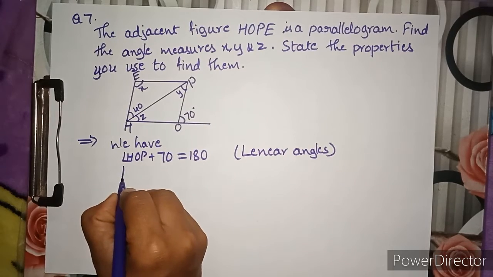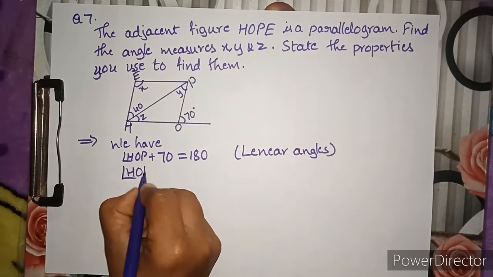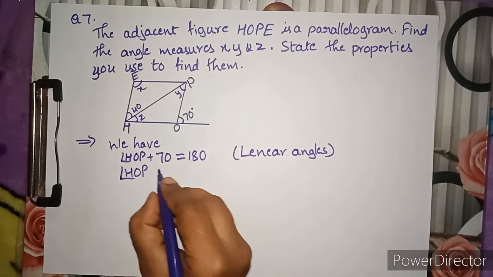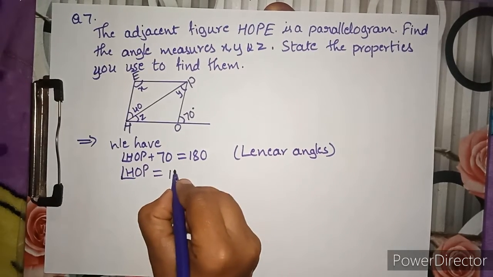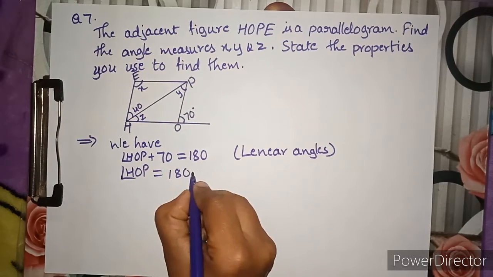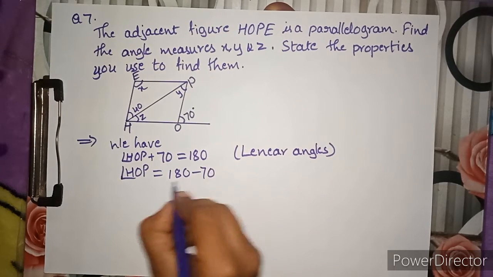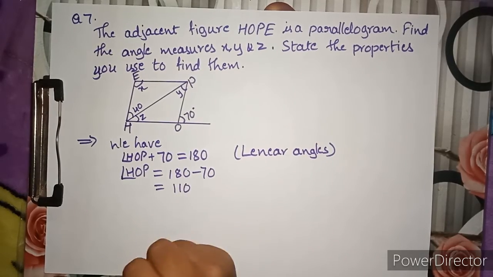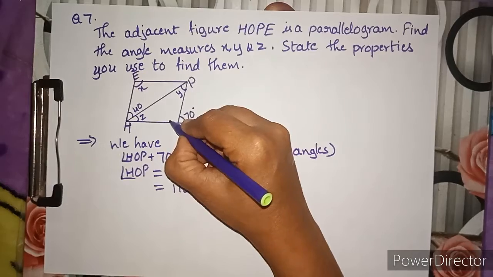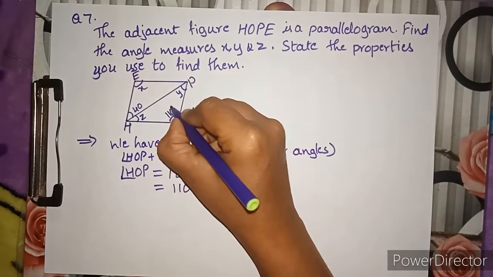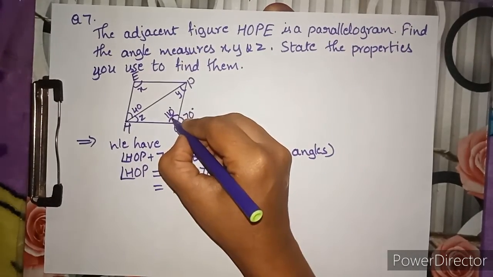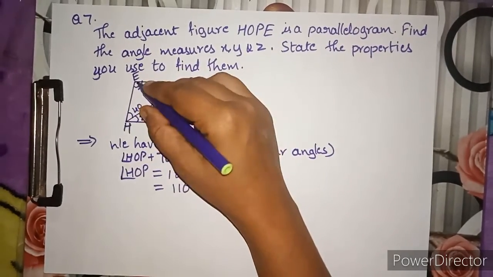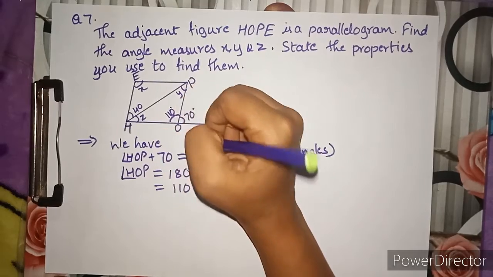So angle HOP is equal to 180 minus 70, which is equal to 110. This angle becomes 110 degrees. As it is 110 degrees, this one also becomes 110 because opposite angles are equal.